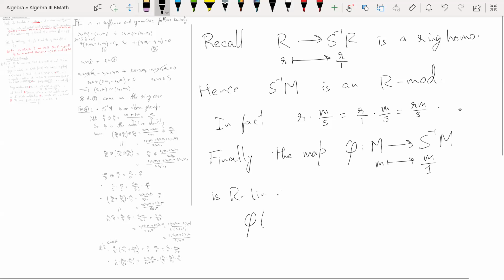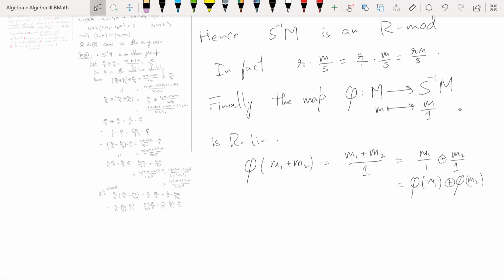So phi of M1 plus M2 by definition is M1 plus M2 over 1. But this is also M1 over 1 plus M2 over 1 by definition of addition in S inverse M, which is phi of M1 plus phi of M2. So phi is a group homomorphism.